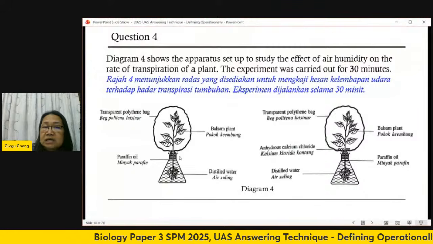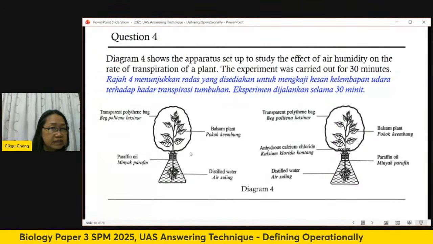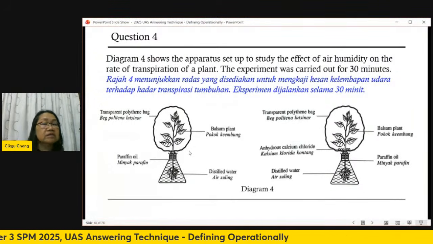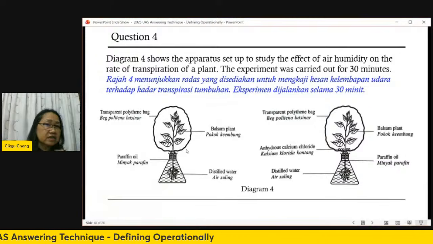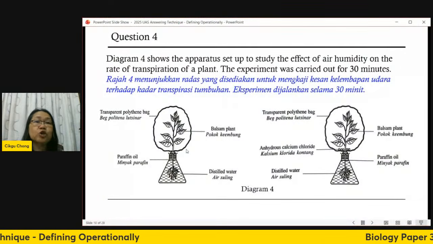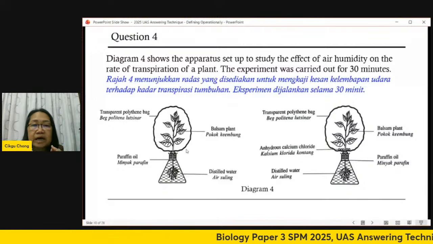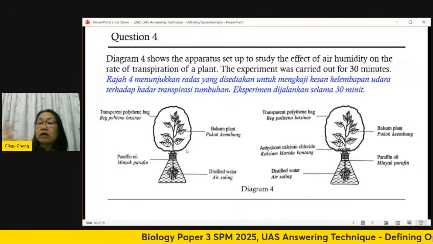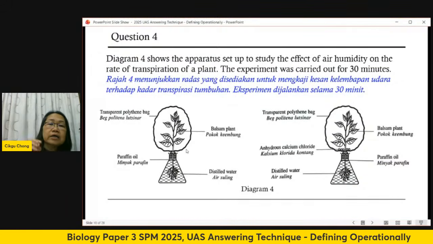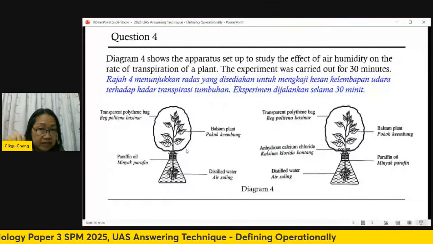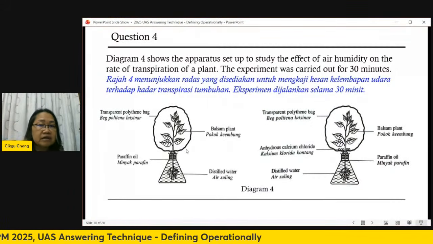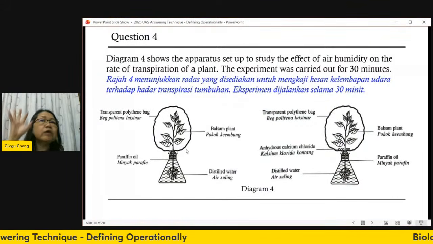So if you have a plastic bag over your plant, the one on the left-hand side has no anhydrous calcium chloride. That means the air has water, it's humid, the water is not absorbed by the calcium chloride. But the one on the right-hand side has it there, and the function of anhydrous calcium chloride is to absorb moisture.